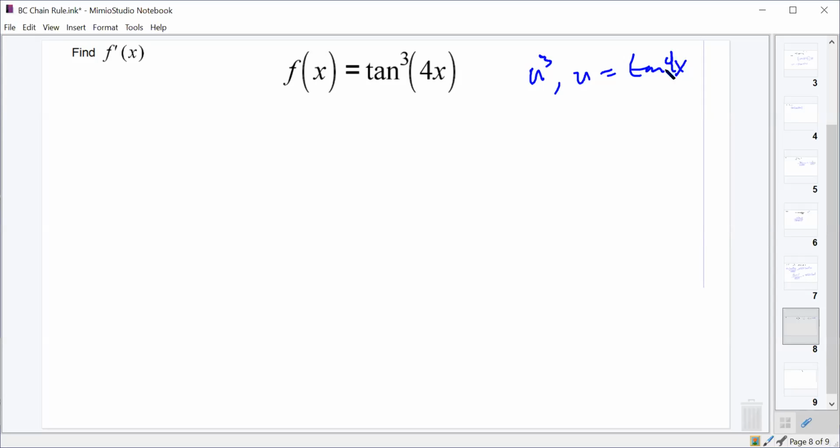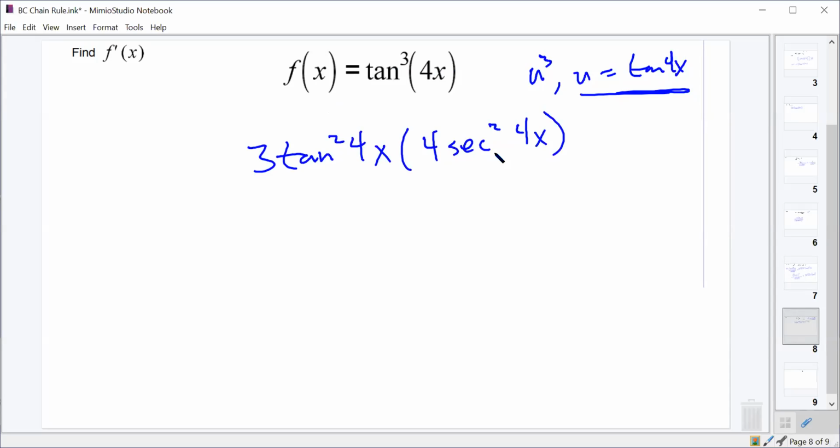So we should get 3u squared, 3 tangent squared 4x times the derivative of u, but the derivative of tangent 4x should be 4 times the derivative of tangent x, which is, we should remember, 4 secant squared 4x.